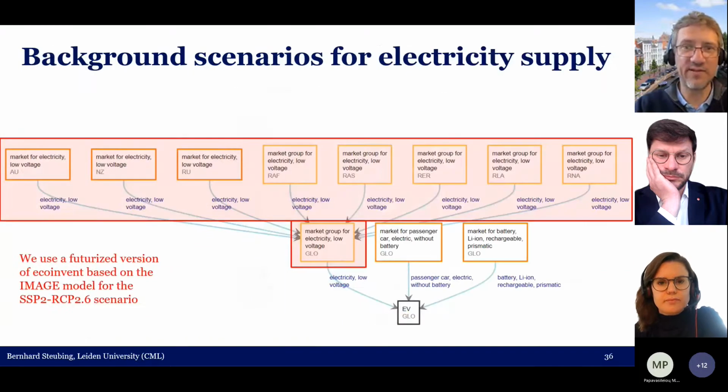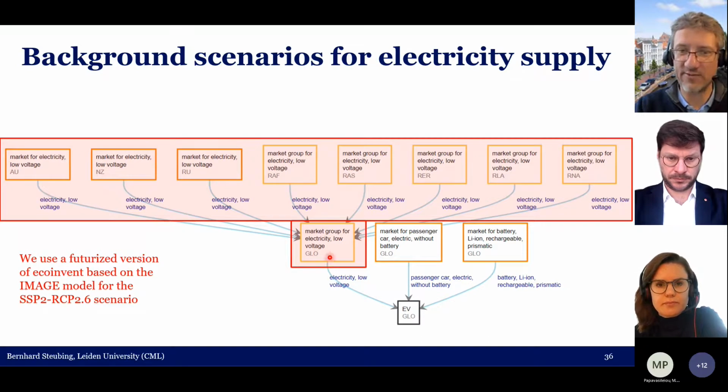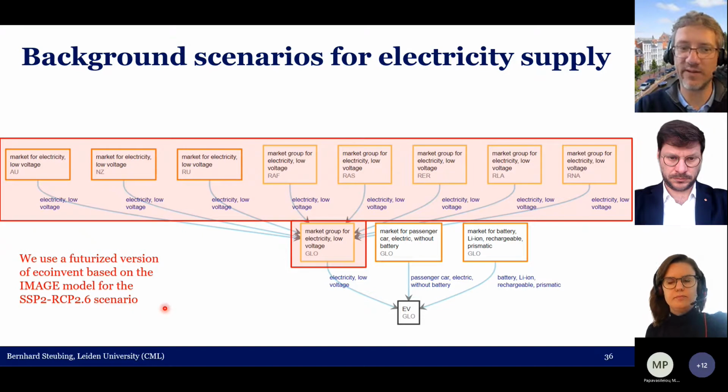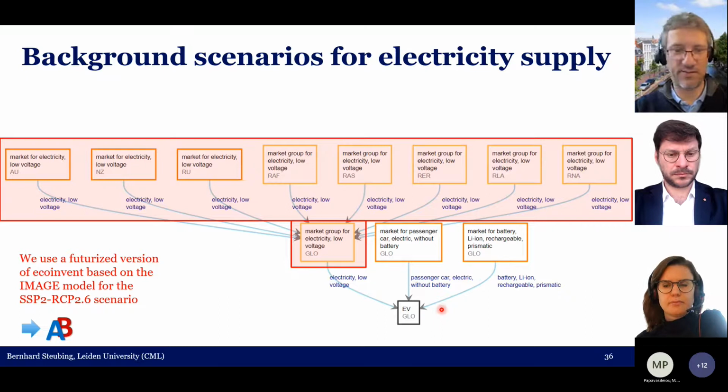So this is what we've seen. Let's now talk about background scenarios. So now we'd like to also have a scenario for how this electricity is supplied. And here we take a futurized version of the ecoinvent database based on the IMAGE model for the SSP2 and RCP 2.6 scenario. How do we do that?